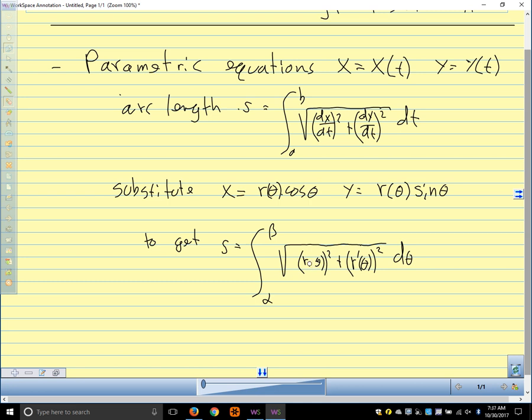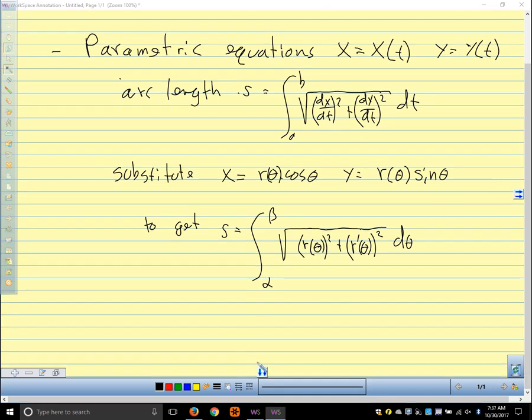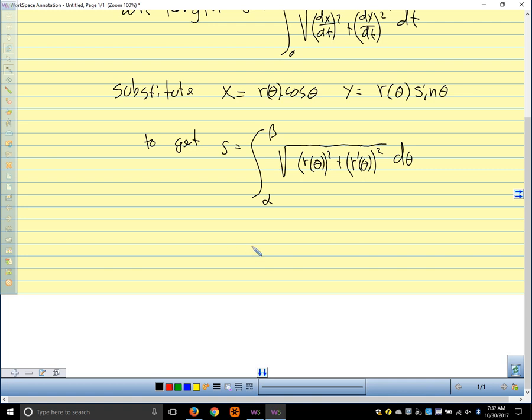Usually we drop the functional notation, and the way you'll usually see this is the integral from alpha to beta of the square root of r squared plus (dr/d theta) squared d theta.